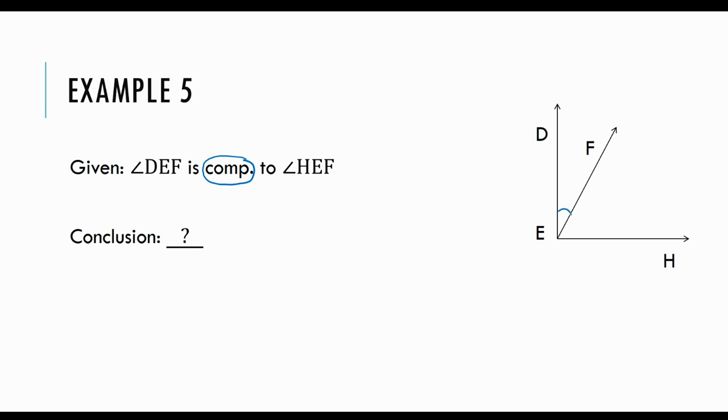So if we're talking about this little angle of DEF and this little angle of FEH. Now, notice I marked them differently because I don't know that they're congruent. But together, they are forming this big angle of DEH. And because we're talking complementary, then we really have a right angle.